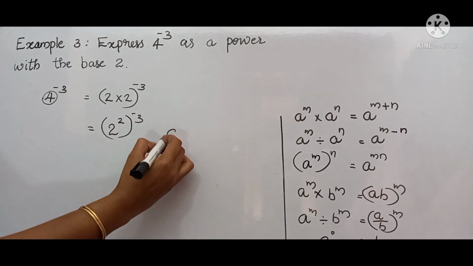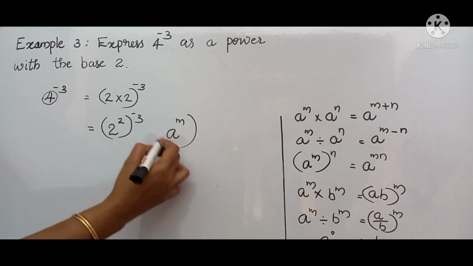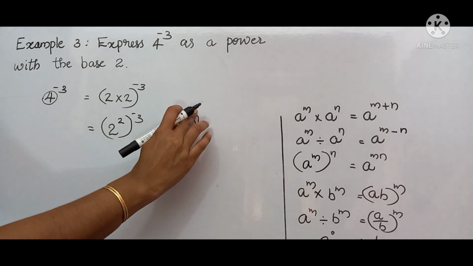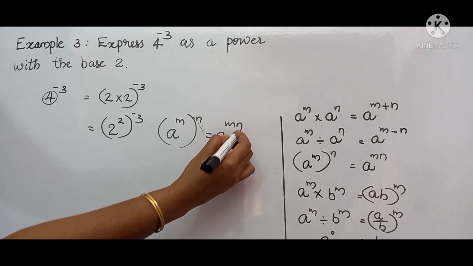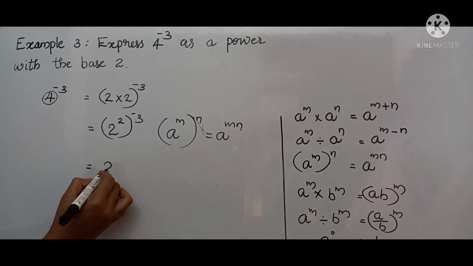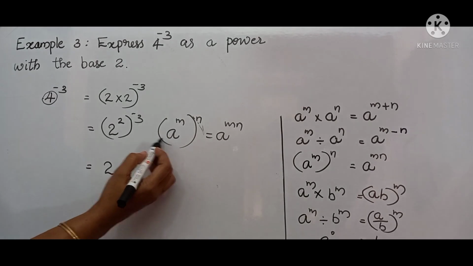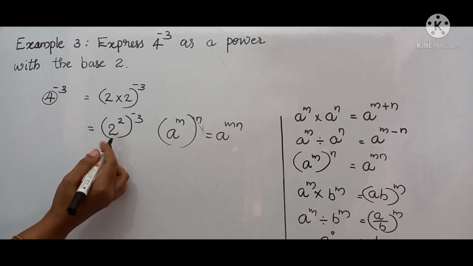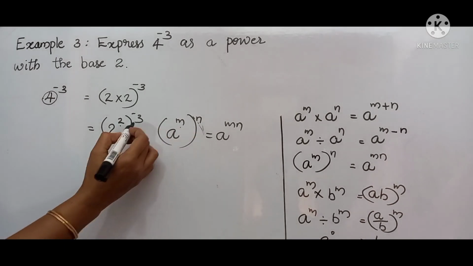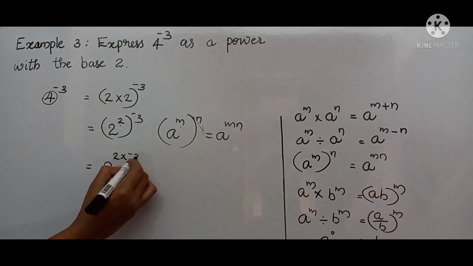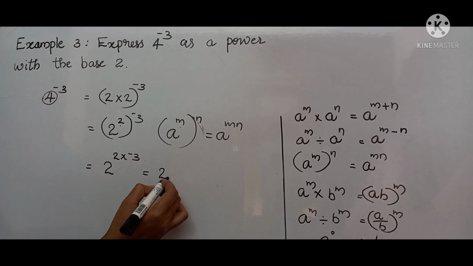Now it is of the form a raised to m the whole raised to n is equal to a raised to m into n, mn. That is equal to 2 raised to, the base is 2 here, a is equal to 2. Instead of m 2 here, instead of n minus 3, 2 into minus 3. That is equal to 2 raised to 2 into minus 3, which is minus 6.